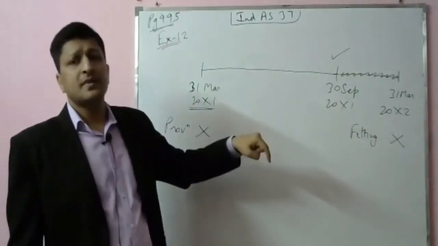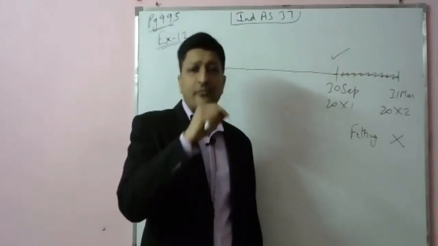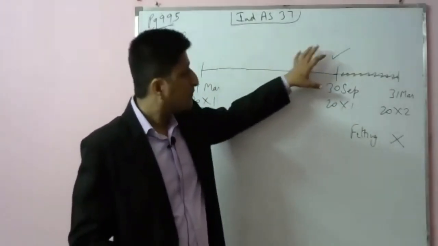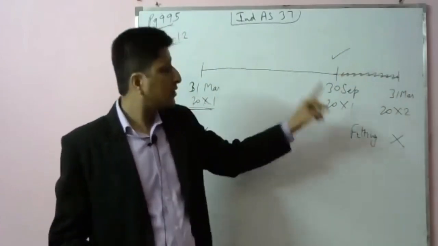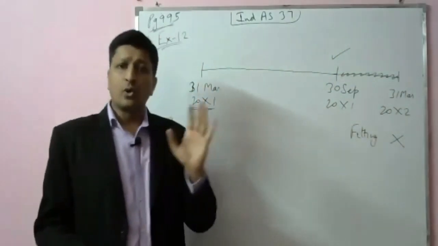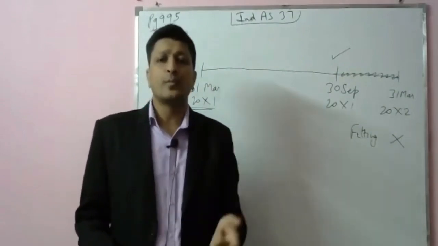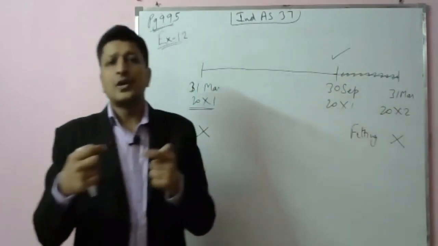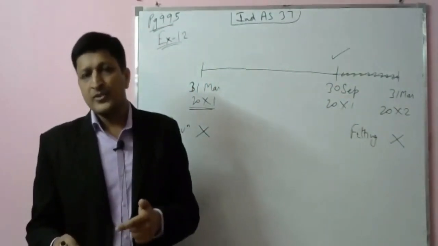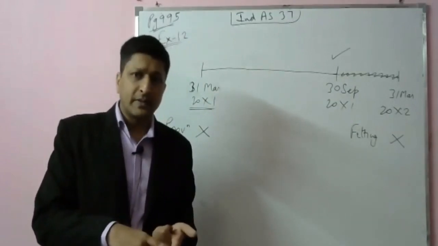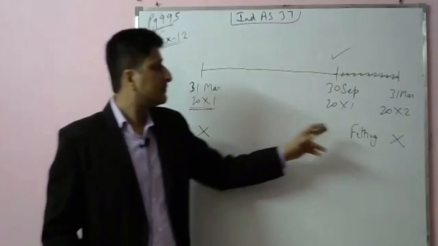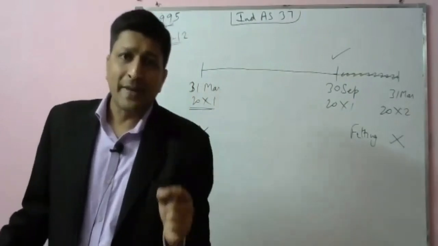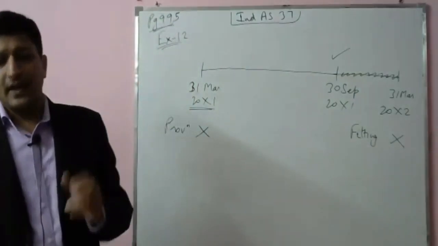But after 30th September, smoke filters should have got fitted, but the company didn't do it. So the company had two options: either to shut operations till the time these are fitted, or if the company continues with the operations, then the operations have gone without compliance of the regulation, which will invite a penalty on the part of the company. So the company opted for the second, to continue the operations with non-compliance. So there is a penalty obligation which may arise.